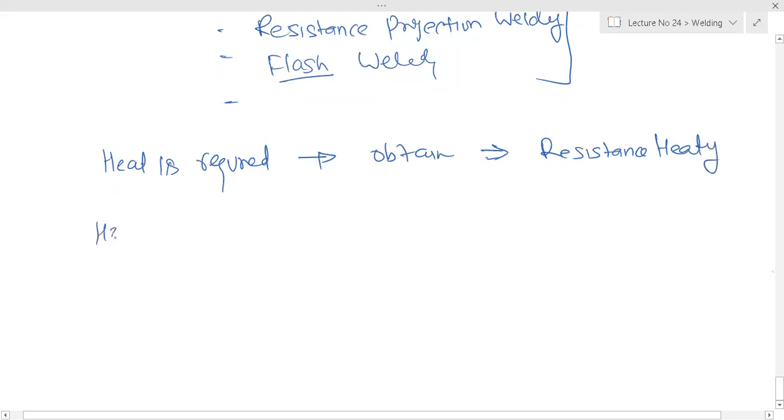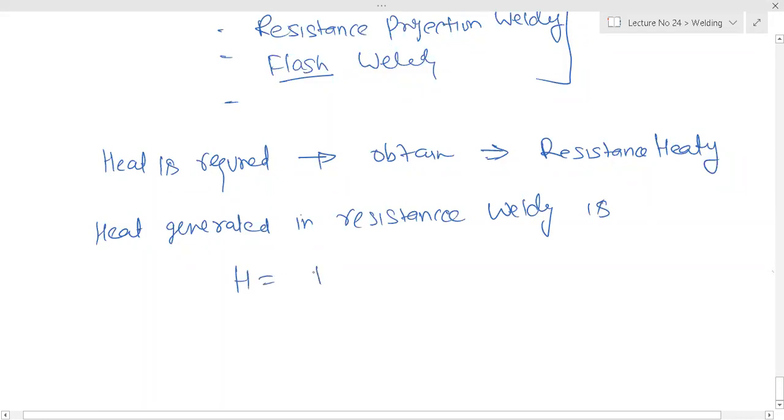Heat generated in a resistance welding is H is equal to I square R T, where I is your current, R is your resistance, and T is your time.